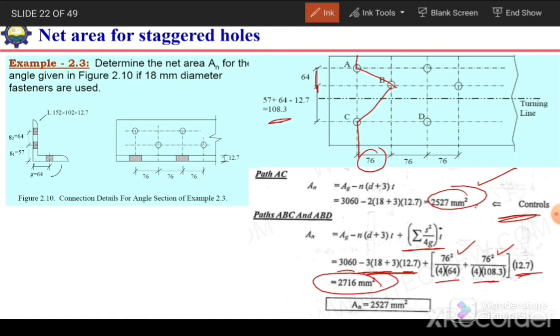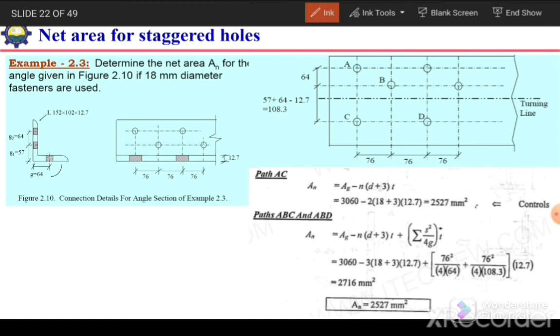One thing that I think you should understand is why we provide the stagger, or why we arrange the holes in stagger. It is actually to increase the area at the critical section. For example, if this hole is at this location, then for path AC there will be 3 holes, and when there are 3 holes in this line, the area will reduce further. To increase the area of the critical path, we need to stagger these holes.